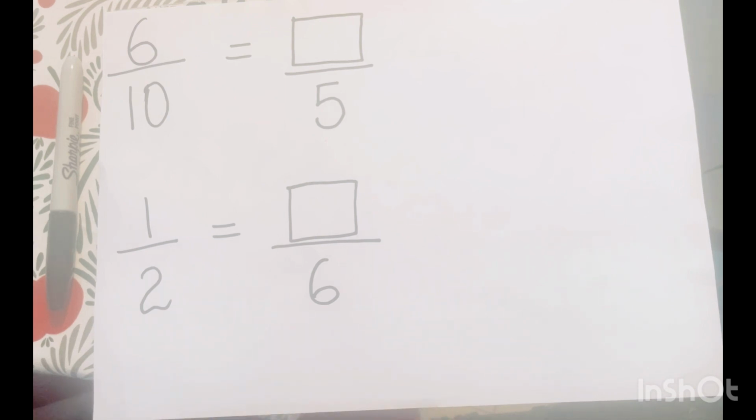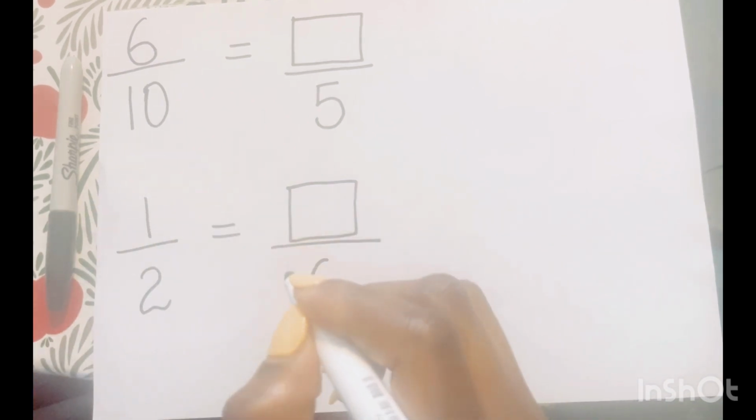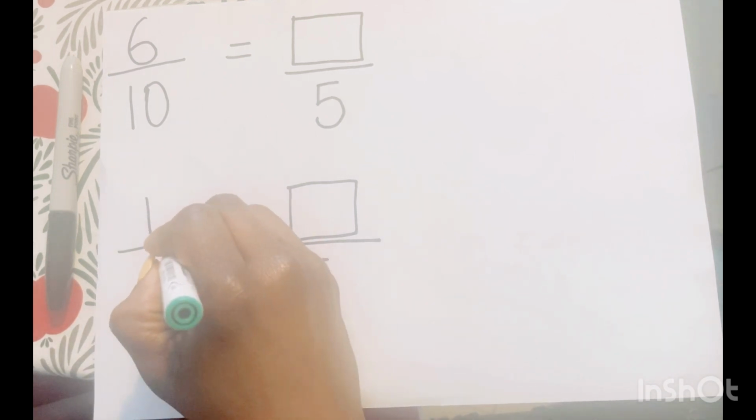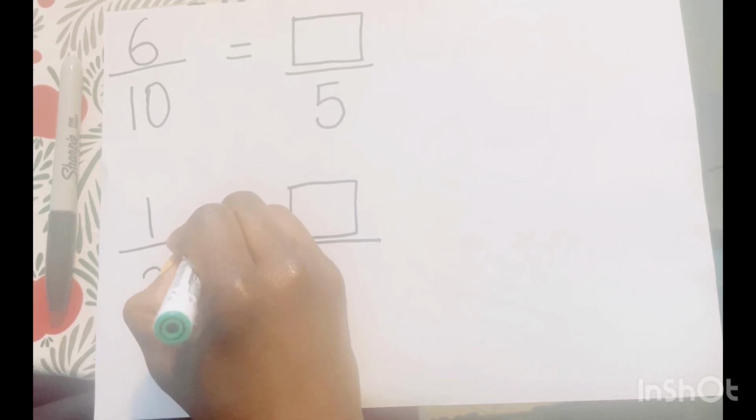So we go to our multiplication table, and we will see that it's 3 times, because if I multiply 2 by 3, I will get 6. The number that I used to multiply 2 was 3, and that's how I got 6.